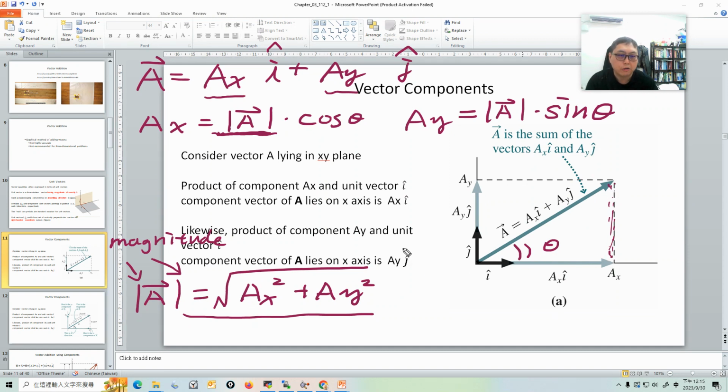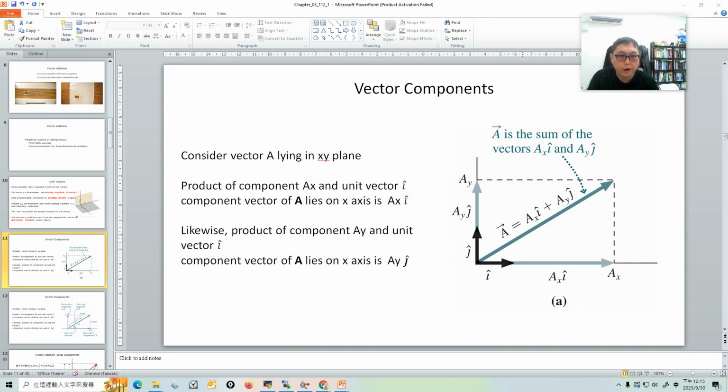Okay, so this is a component representation of a vector. If we know this, how do we do the vector algebra? Let us start with a very simple example, just the plus and minus.